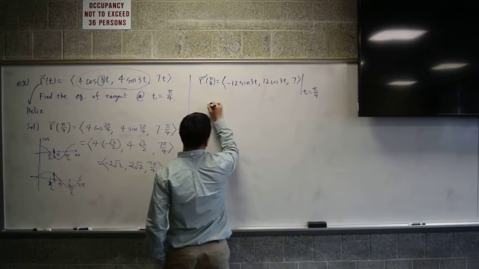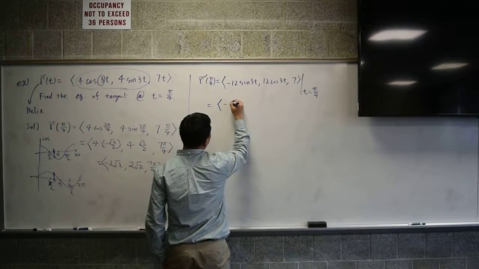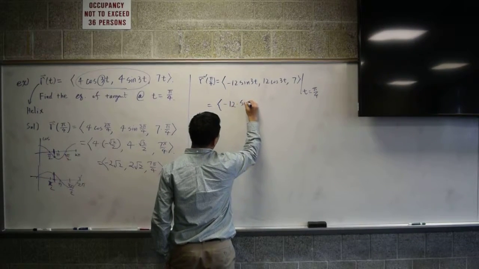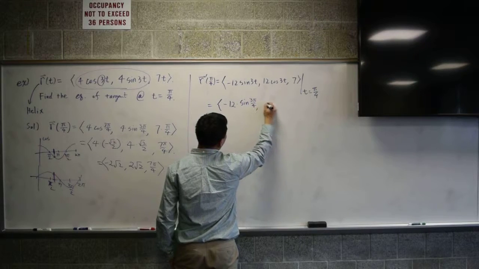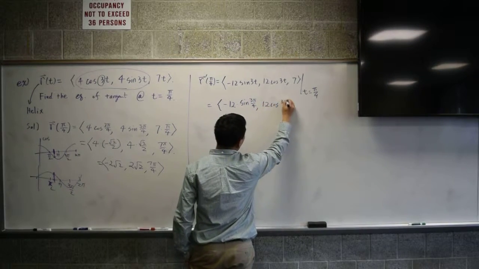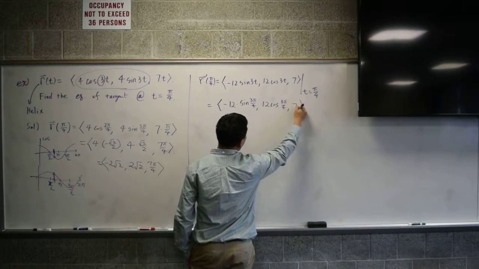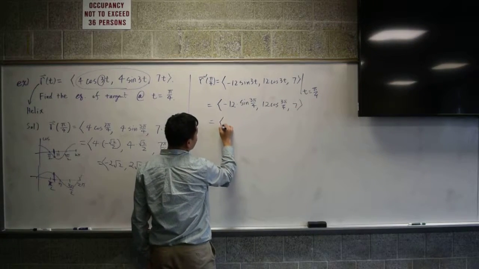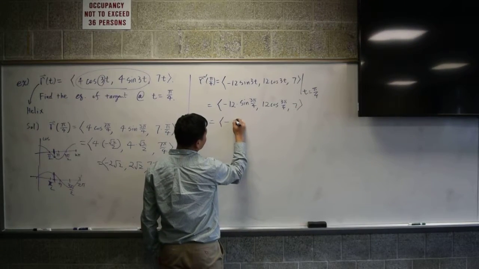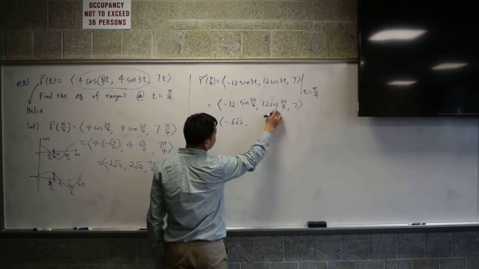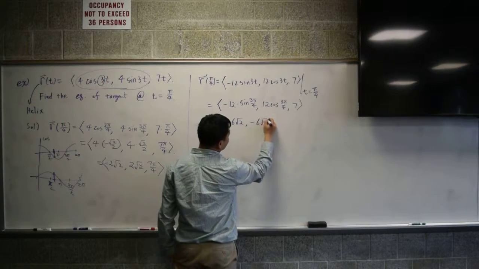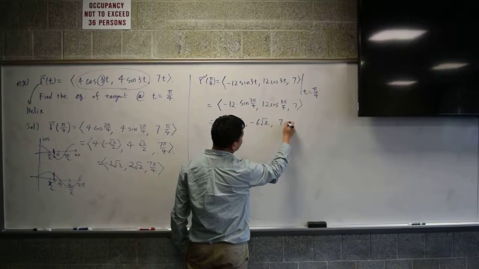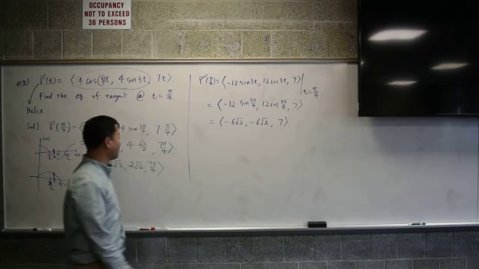We plug in the value and then evaluate. Sine is positive, so you're going to get 6 radical 2, and this is negative. So that's the direction.